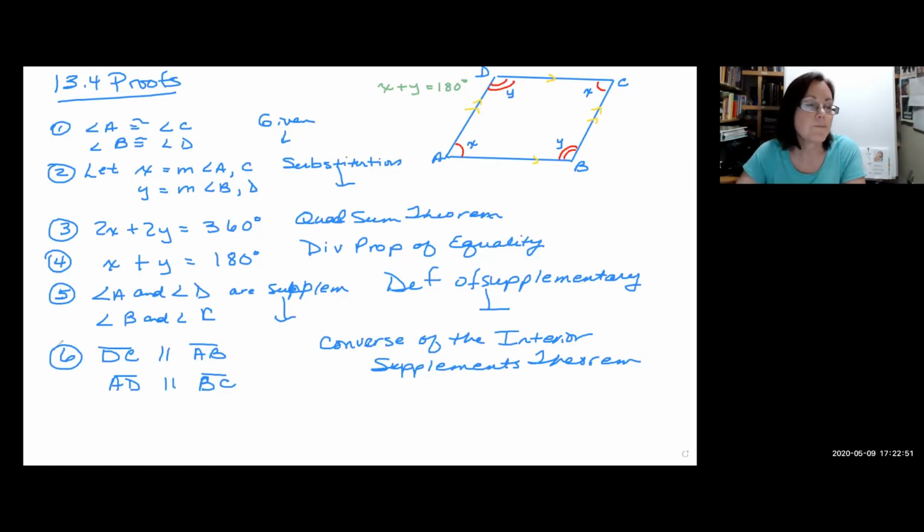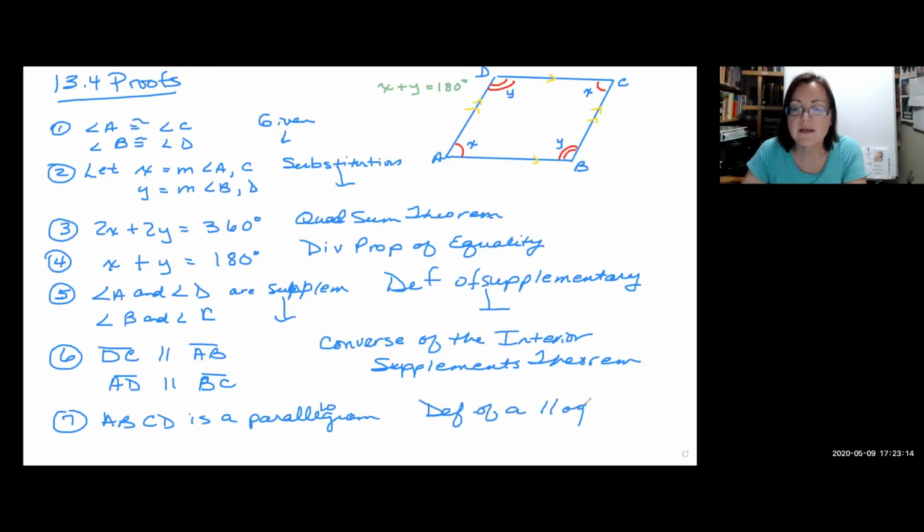I'm there. ABCD is a parallelogram, and that's what I wanted to prove. And that's based on the definition of a parallelogram. How's that?